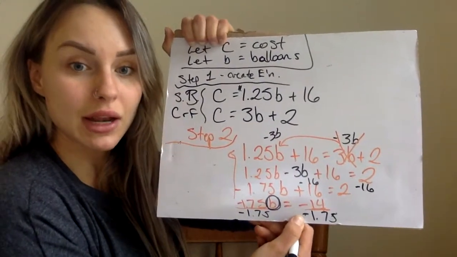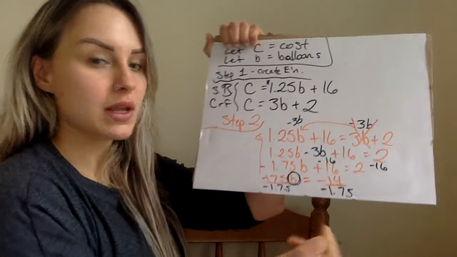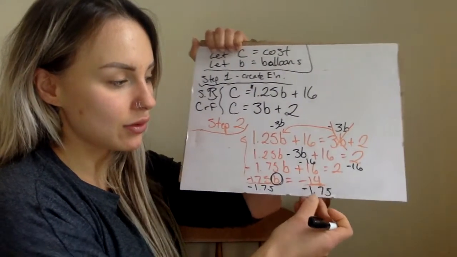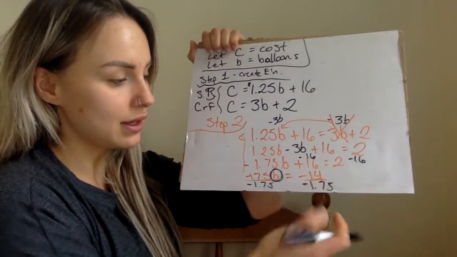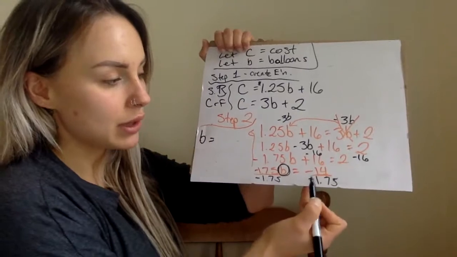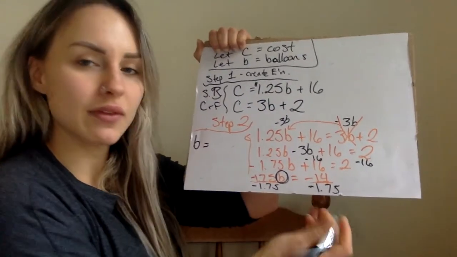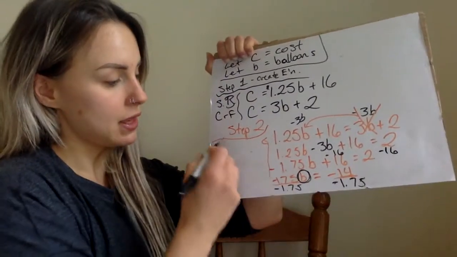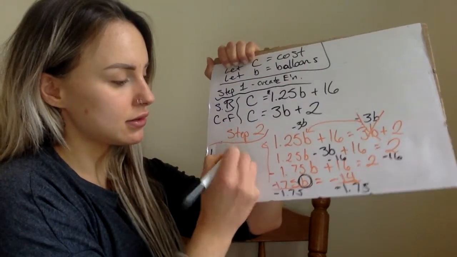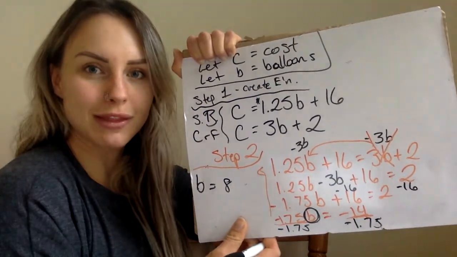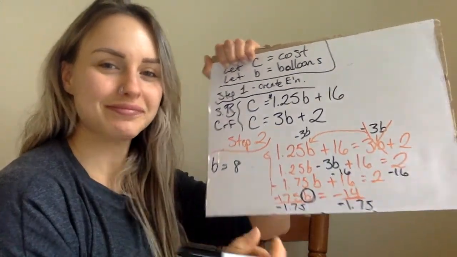But don't forget the negative, okay? So when we divide both sides by negative 1.75, this leaves us with b by itself, but because a negative divided by a negative is a positive, this gives us 8 when you do the mathing on your calculator.